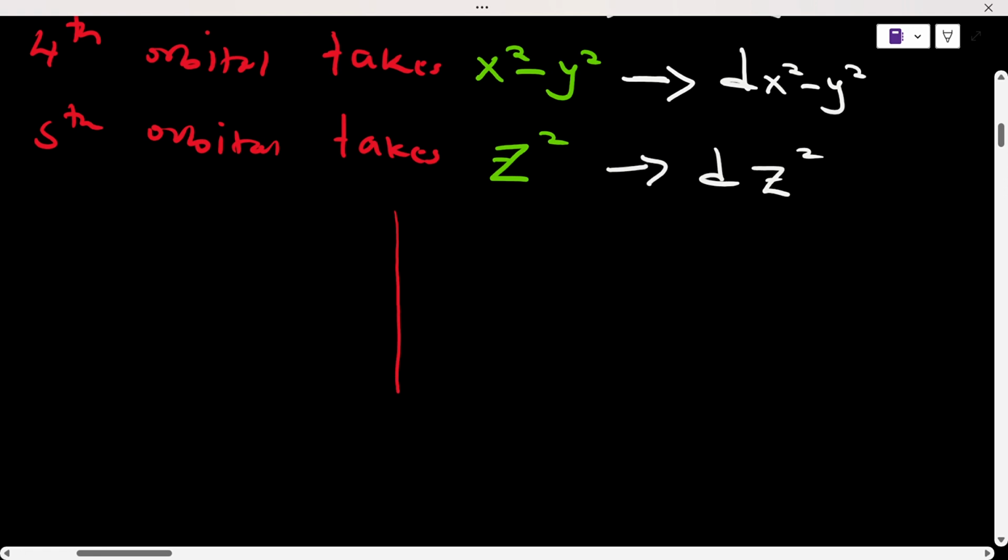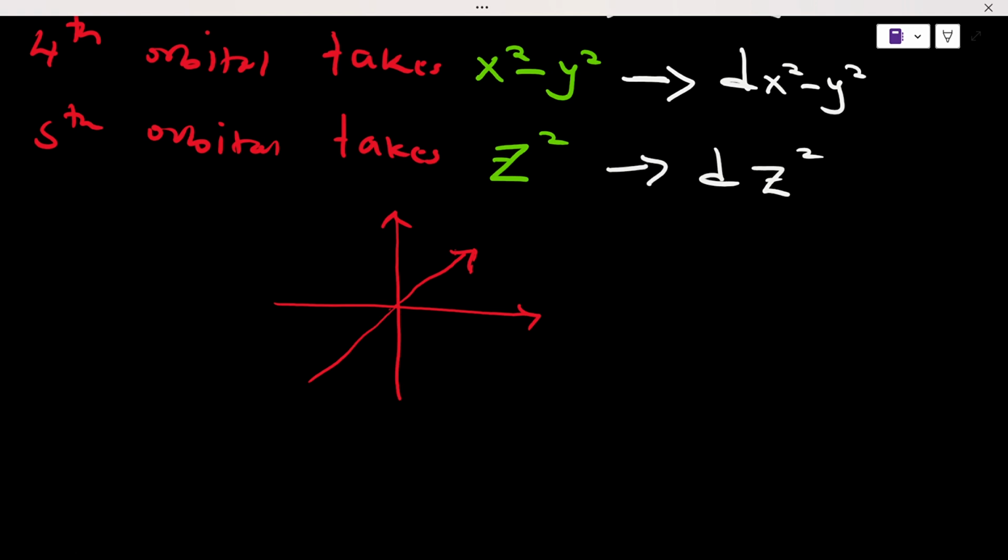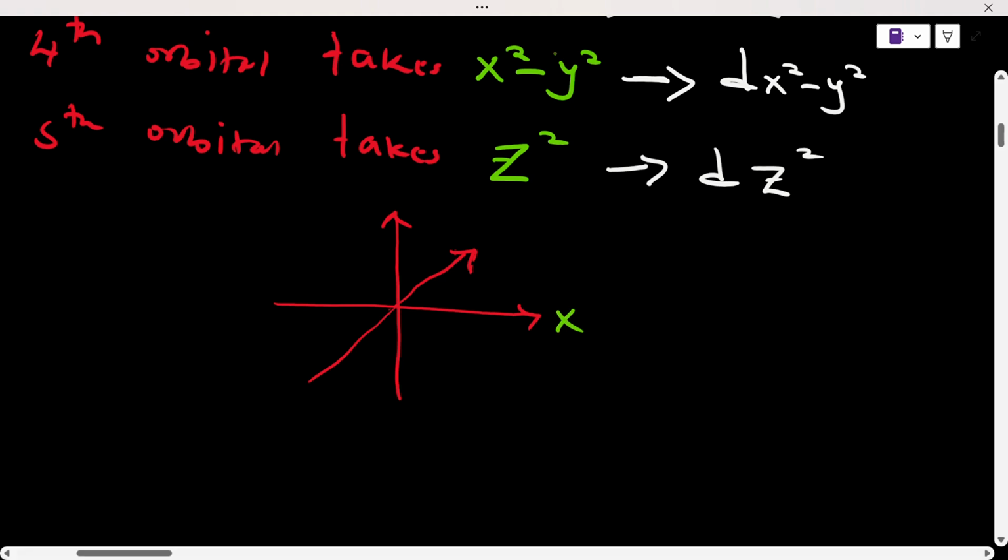Just a sketch. Now, the axes are the x axis, the y axis, and the z axis.